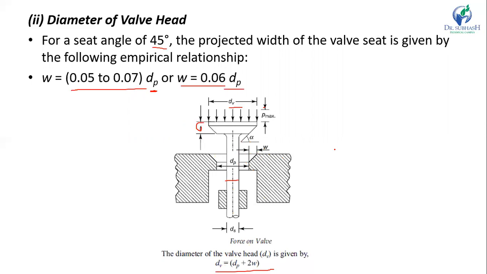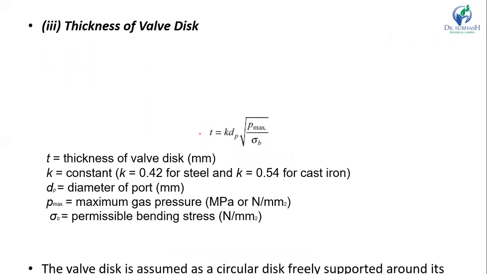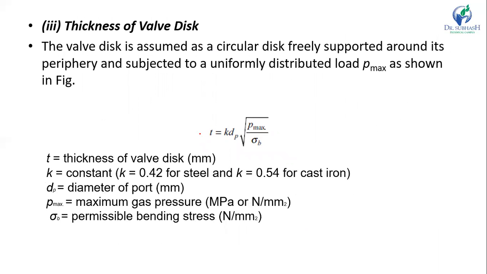Now let us find the thickness of the valve disc. We have to find this thickness here. This valve disc is assumed as a circular disc which is freely supported around its periphery, and it is subjected to a uniformly distributed load.